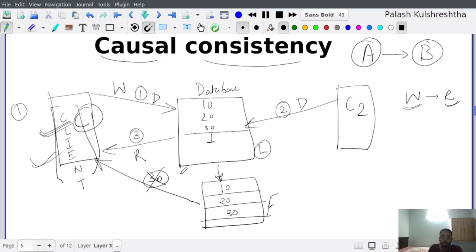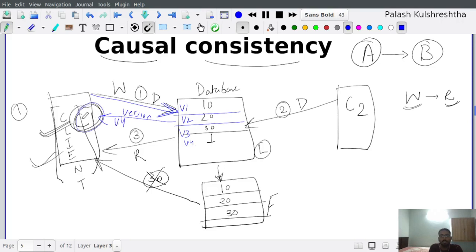So what it can do is, when client C1 is writing to the database, the database returns a version of its value. Let's say the versions of these values are V1, V2, V3 and V4. So this version is going to be returned as V4.